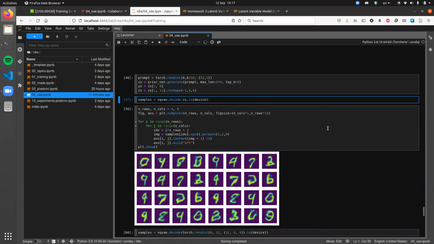But for more complex data, you will need a larger code book. But again, you don't want the code book to be too large, because in that case, we can have an entry for a specific object. And that is not what we want. We want entries which can be combined in a meaningful way to represent the data points, but not an entry that represents a single data point, right?